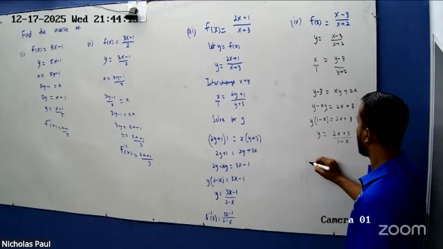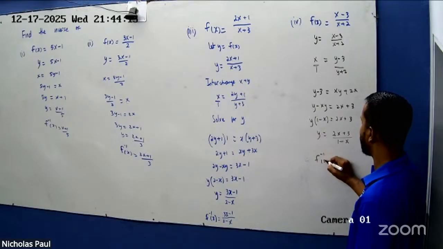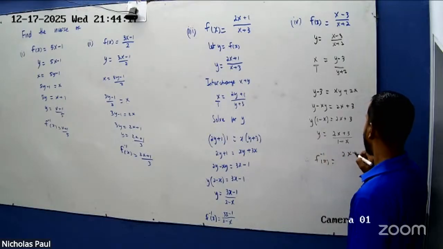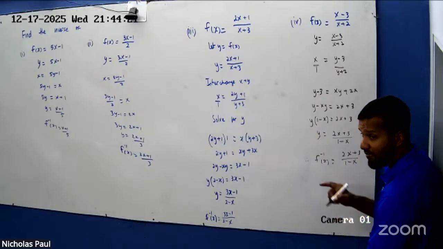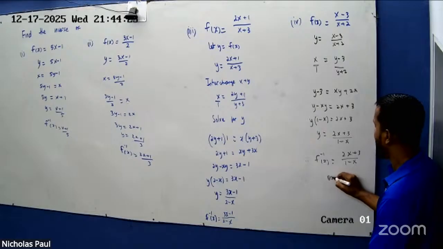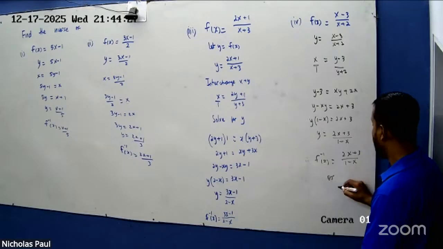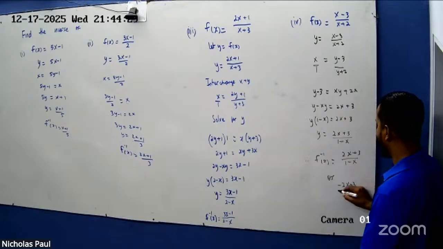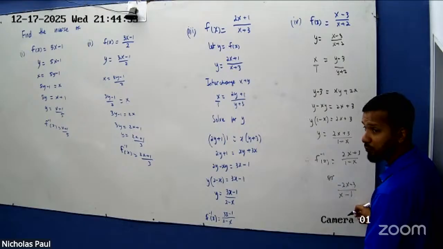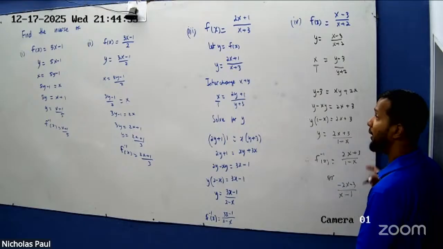So therefore, we have the inverse as 2x plus 3 over 1 minus x. There is a possibility that you may have gotten all your signs different to me. So you may have gotten minus 2x minus 3 over x minus 1. You could also get that. You could get either one of these.